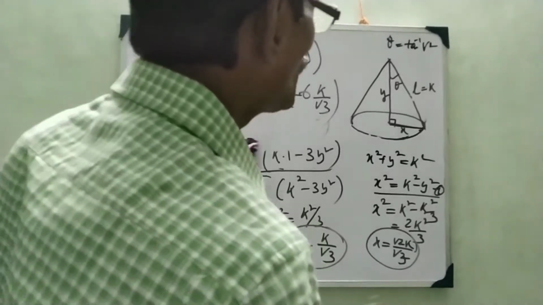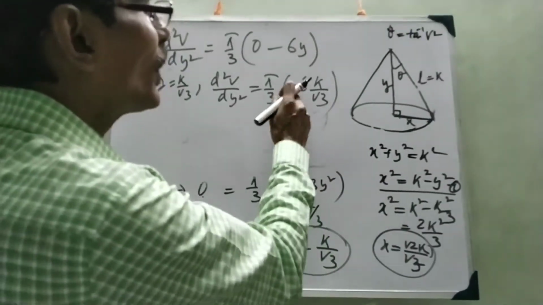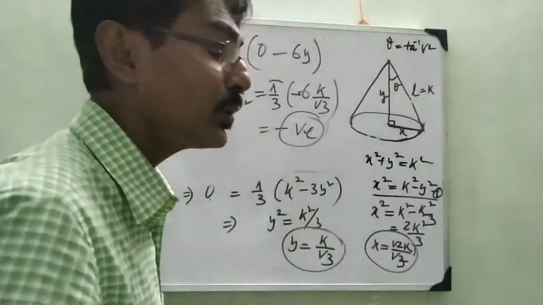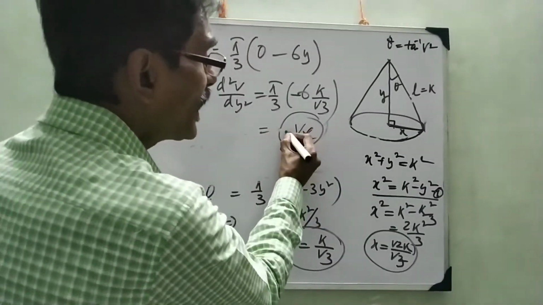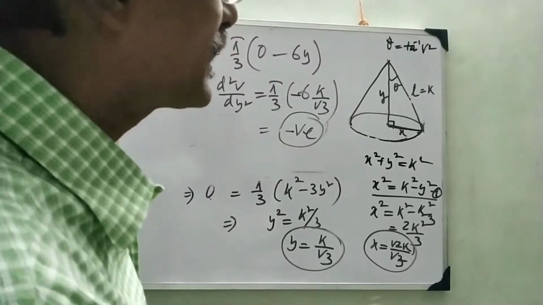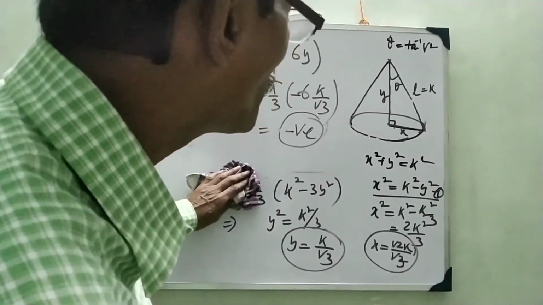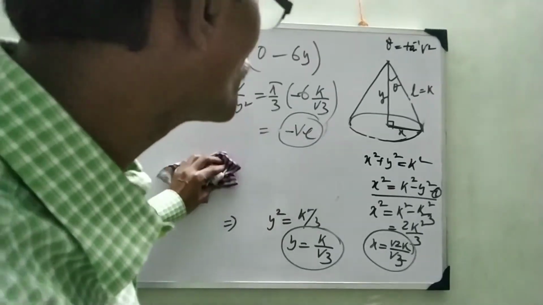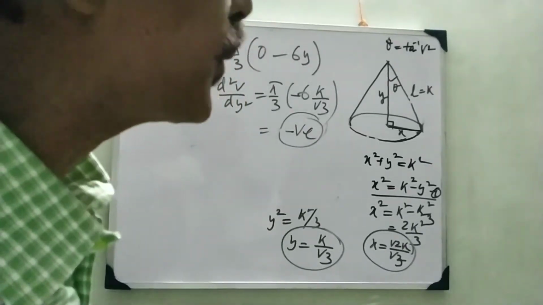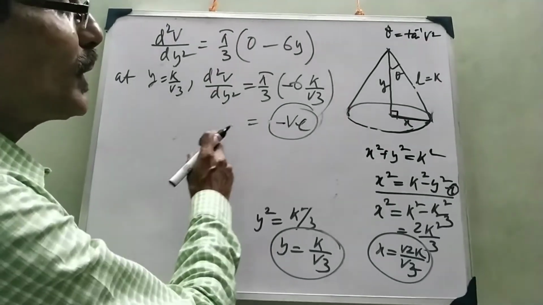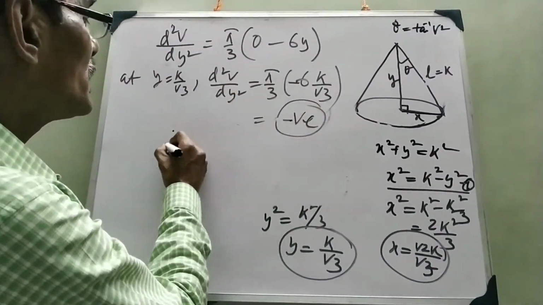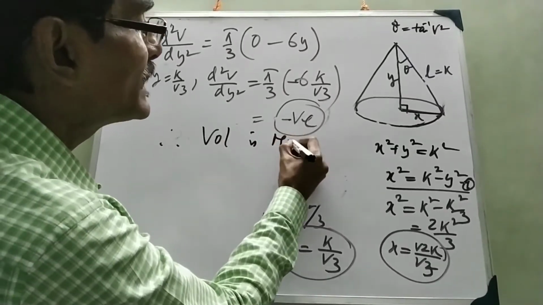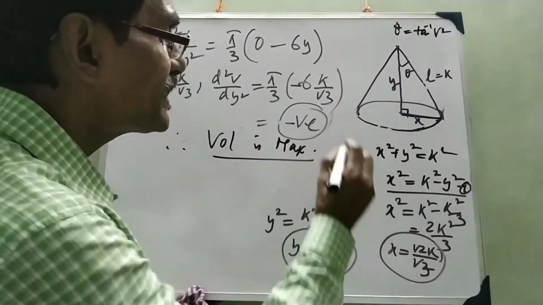This calculation is not needed, you only need the sign. The sign is negative, and when the second order derivative is negative, the function is maximum. Here the function is the volume of the cone. Therefore the conclusion is that the volume is maximum. This is our first proof.